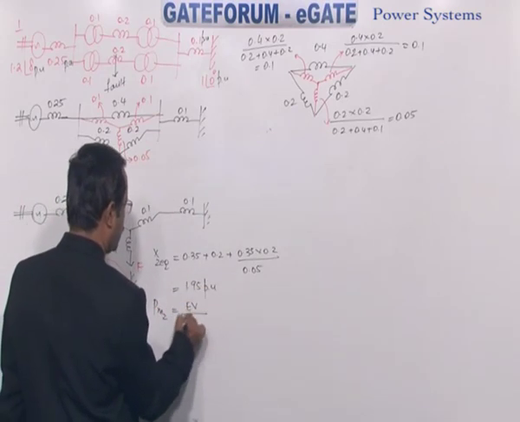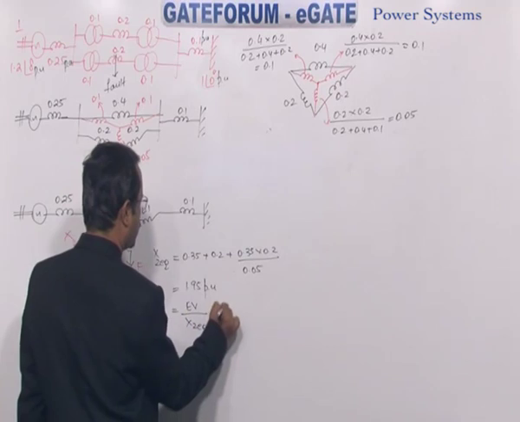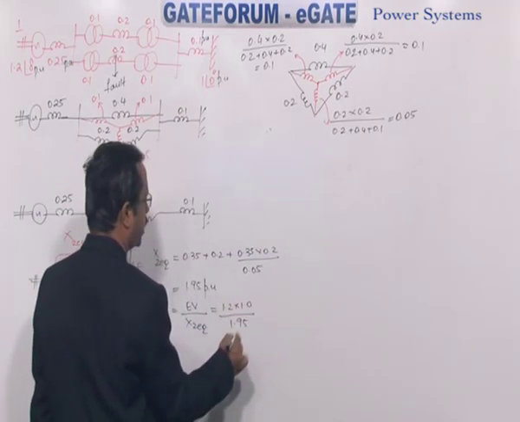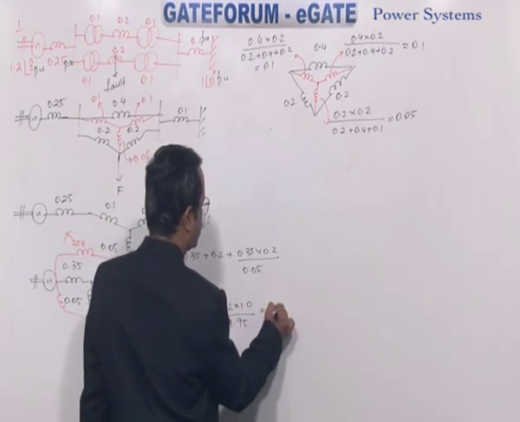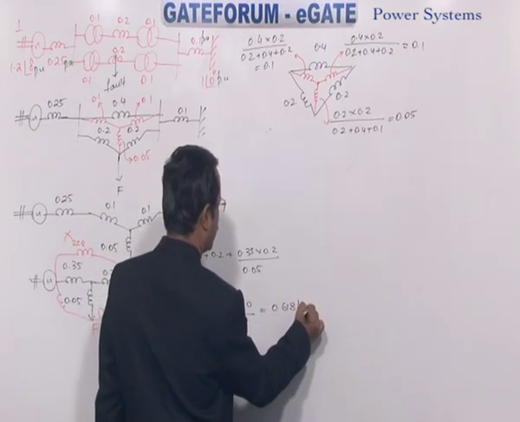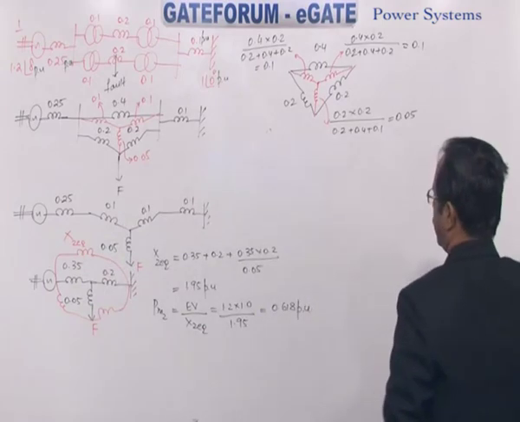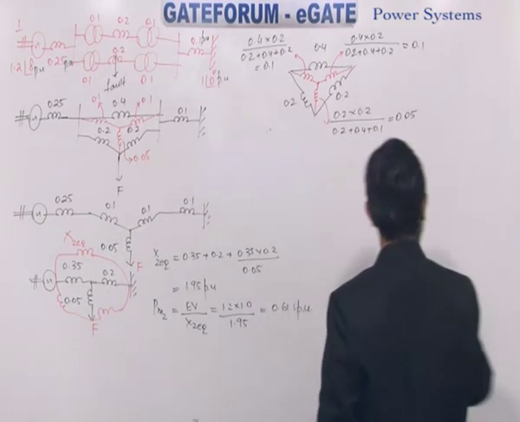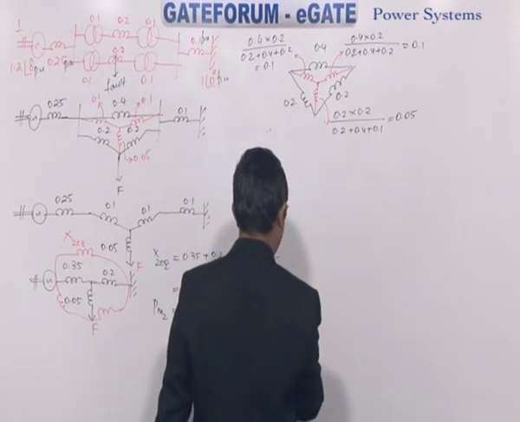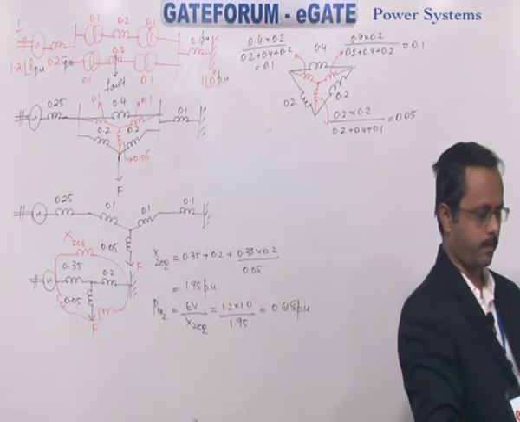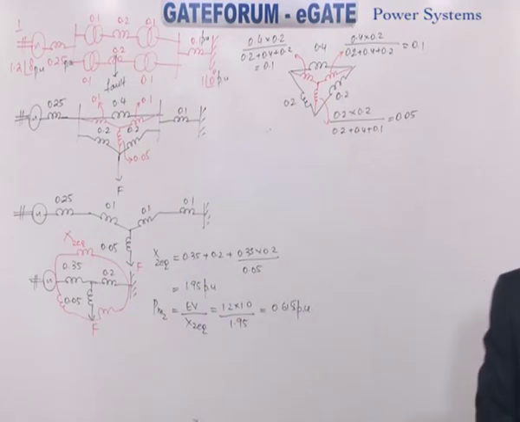How much you get? EV by X2 equivalent. X2 equivalent is 1.95. So you simplify this one, you get the answer as 0.615 per unit.